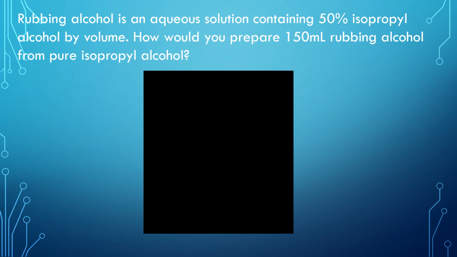Last, rubbing alcohol is an aqueous solution containing 50% isopropyl alcohol by volume. This is just in the given. How would you prepare 150 ml rubbing alcohol from pure isopropyl alcohol?